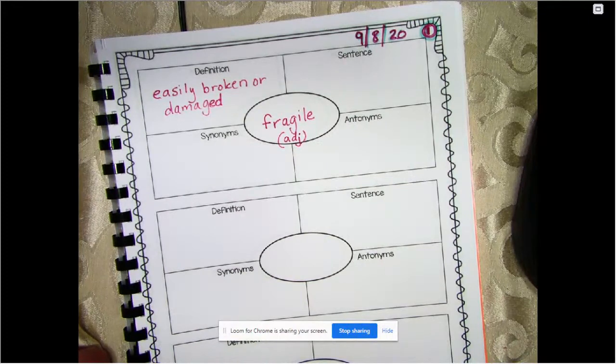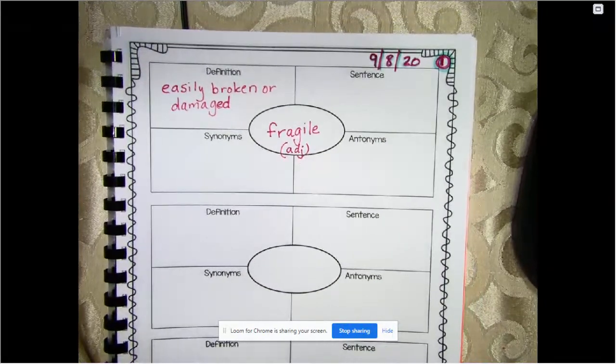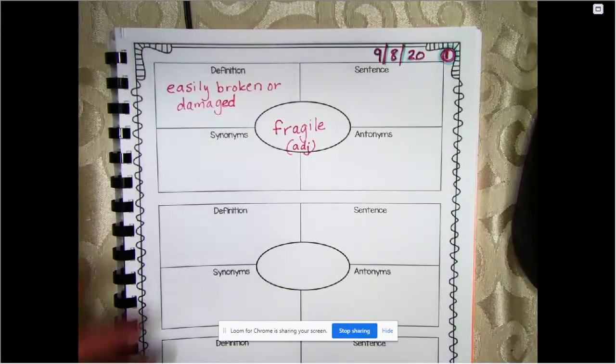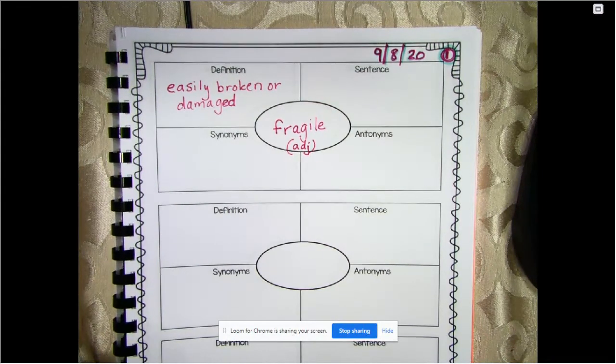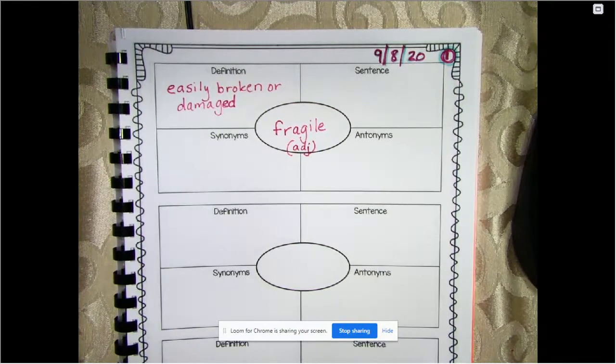You would use that in a sentence to describe the noun. All right, so push pause if you need to look at this and get it all filled in before we move to the next one. And you can always rewatch the whole video if you needed to. But push pause so that you can get fragile, easily broken or damaged, and that it's an adjective.